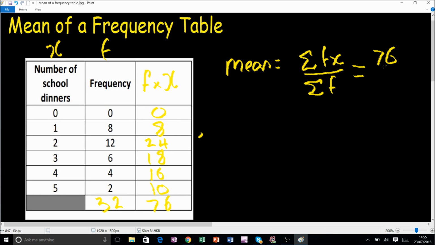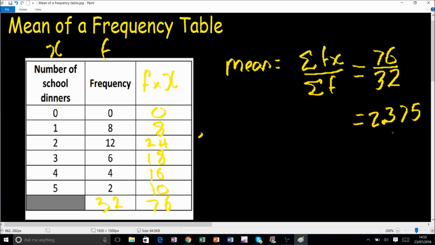So we get 76 divided by the sum of f, the sum of all the frequencies, which is 32, okay? And then we divide them. So 76 divided by 32 is going to give us 2.375, okay?